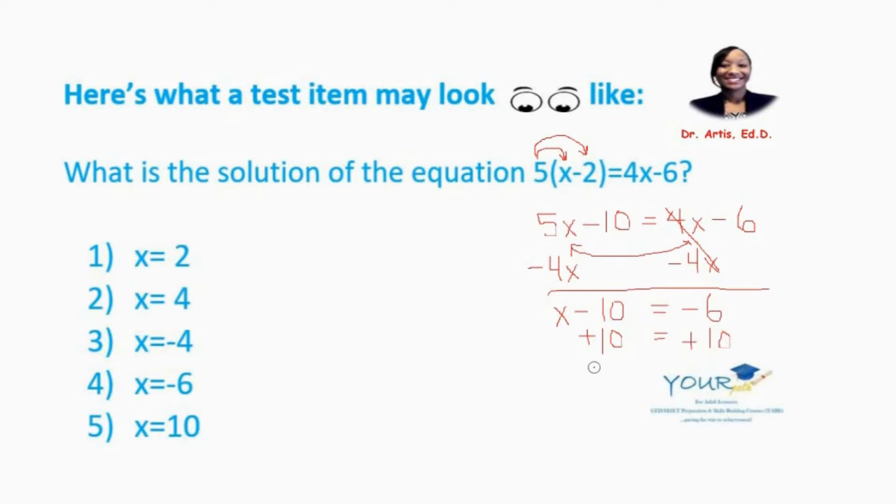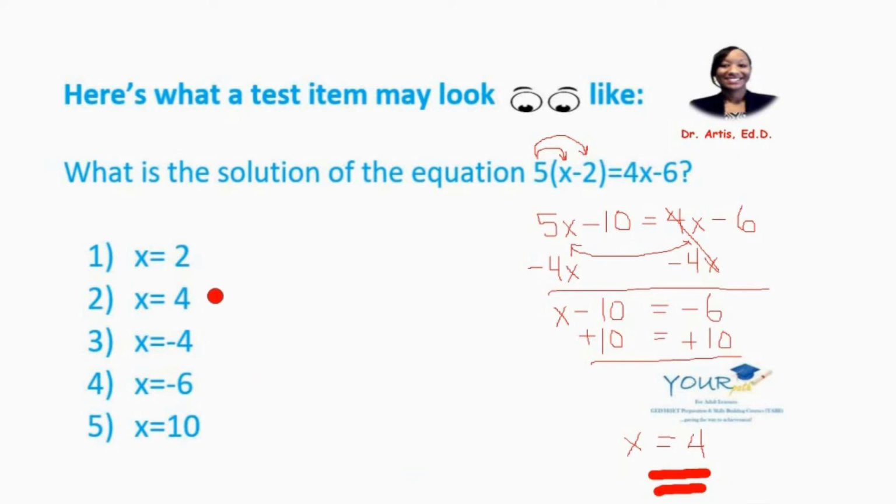So now when we add 10 on both sides of the equation, we get x equals, and a positive 10 minus 6 gives us 4. The value takes the sign of the highest value, and in this case that is 10. So here we have x equals a positive 4.